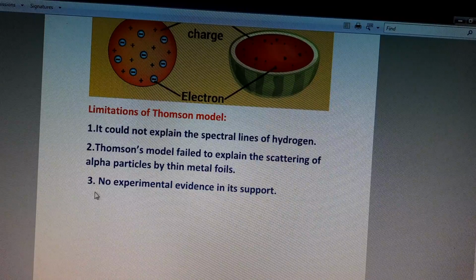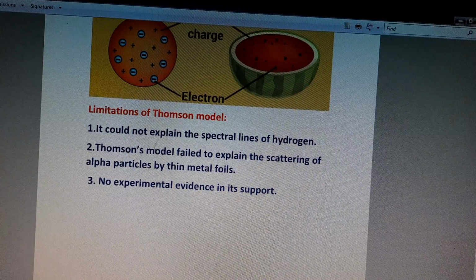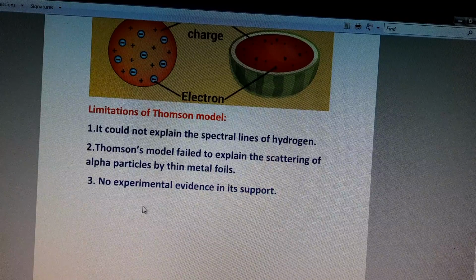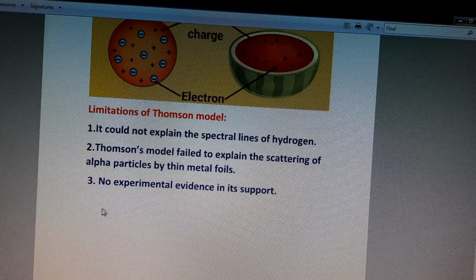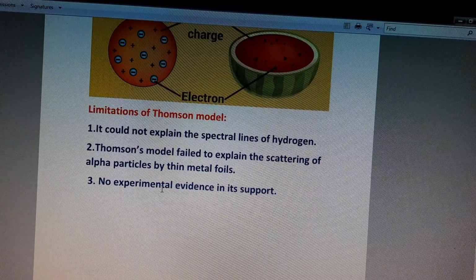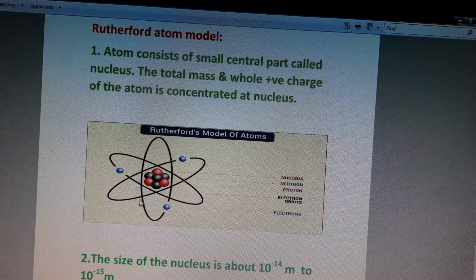The third is that there is no experimental evidence in support. These are the demerits of the J.J. Thomson atomic model. We can rectify these demerits, and next we go to the Rutherford atomic model.